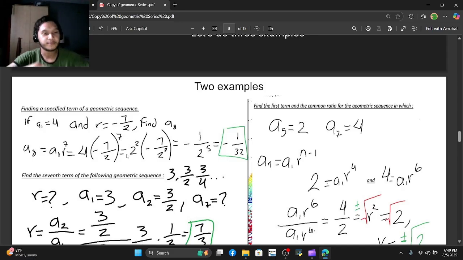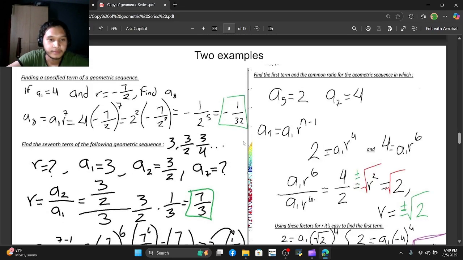Now I want you to know how this works. If you have a fraction and you're raising it to a power, you have to give this power to both the upper and the lower part. Now why do I still have 1? Because this 1 will always be 1.